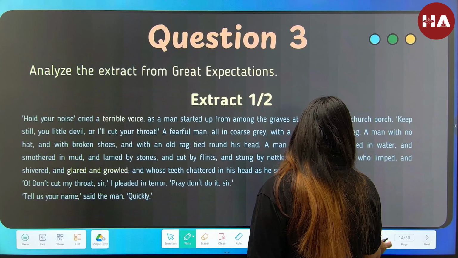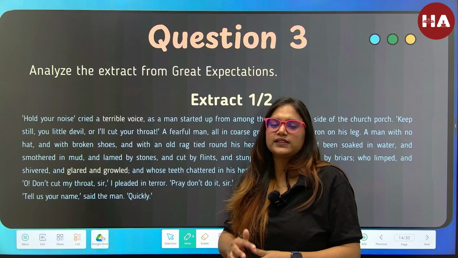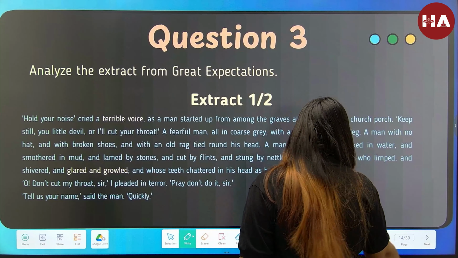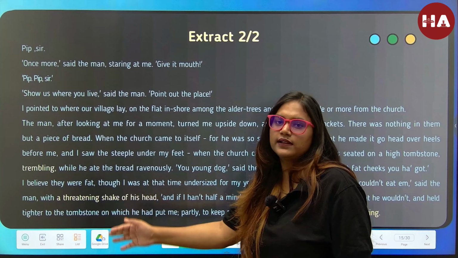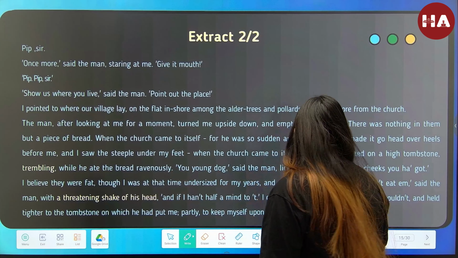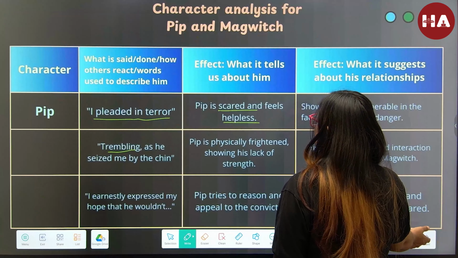I think you have already taken a screenshot and analyzed these phrases before. So now you can again look at the question and do what you are supposed to do.